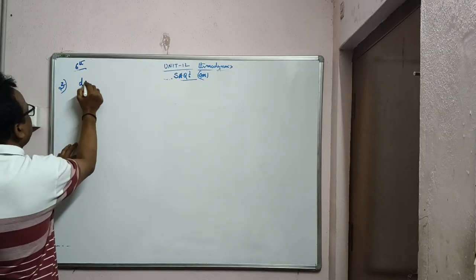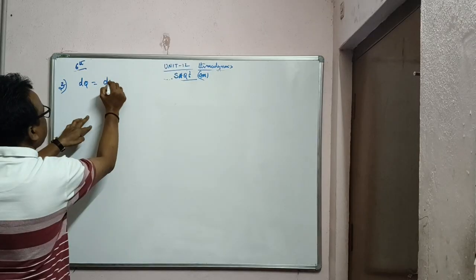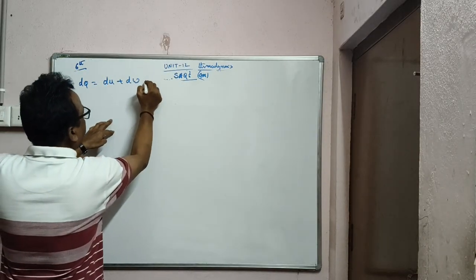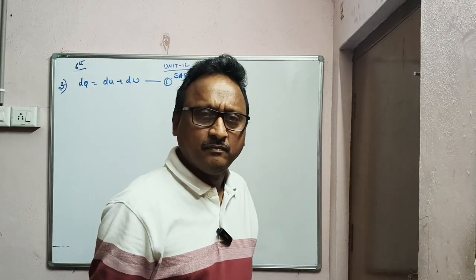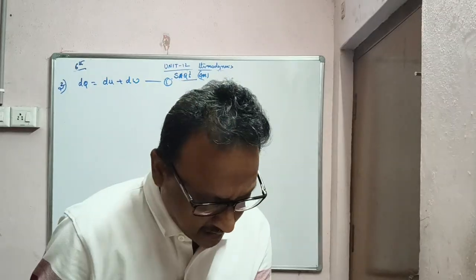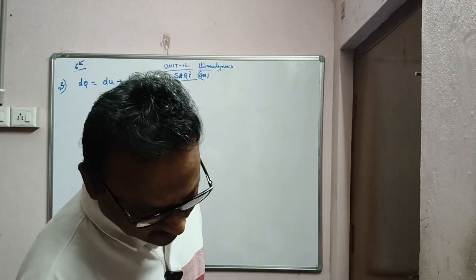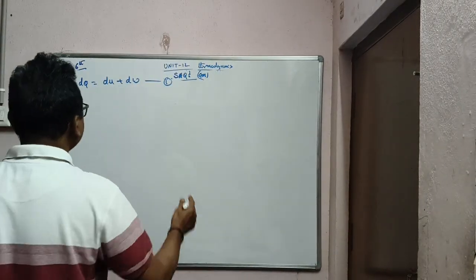Third question. dQ, the quantity of heat given to the system, is equal to the increase in the internal energy of the system plus the amount of work done by the system on the surroundings.